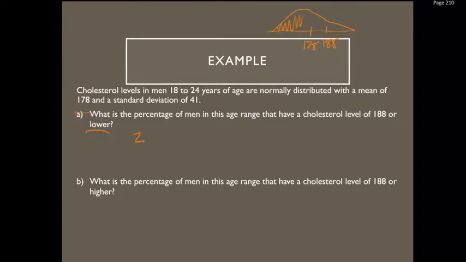This is asking me what's the percentage with a cholesterol level less than 188. So I can look this up. I have 188 minus 178 over 41. That's 10 over 41, which is 0.24.